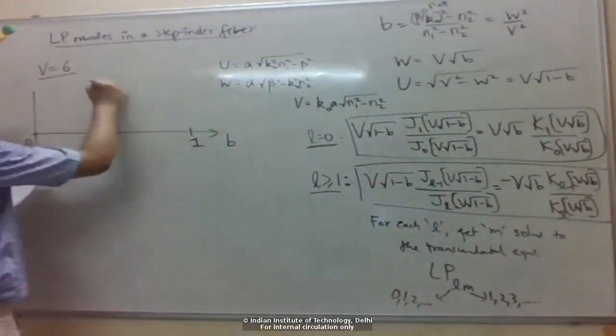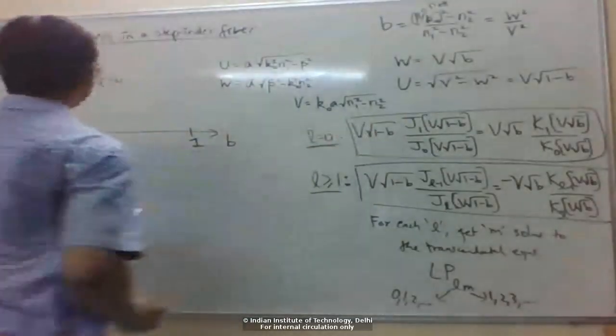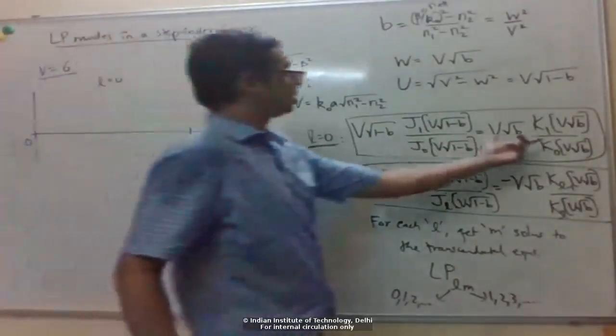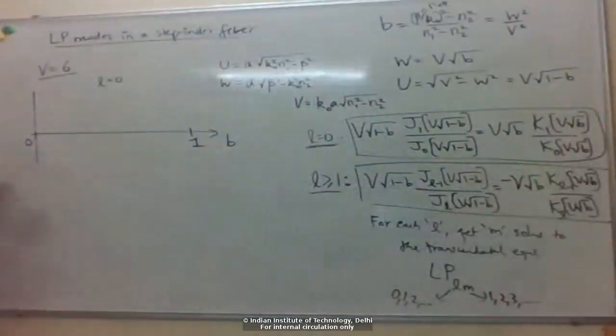So for example, if we do L equal to 0, then we use this top equation here. The right hand side, if you plot it as a function of B, looks like this.